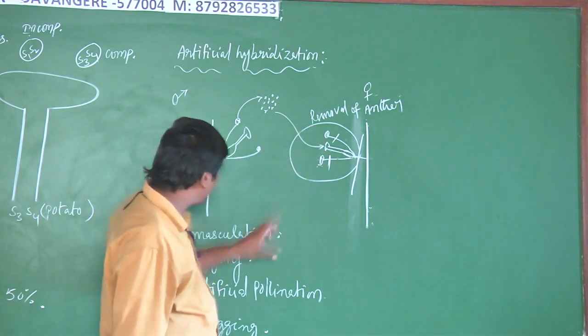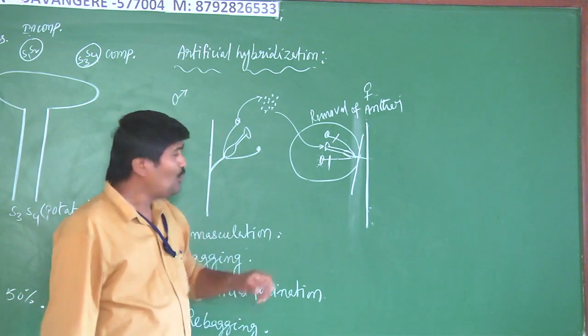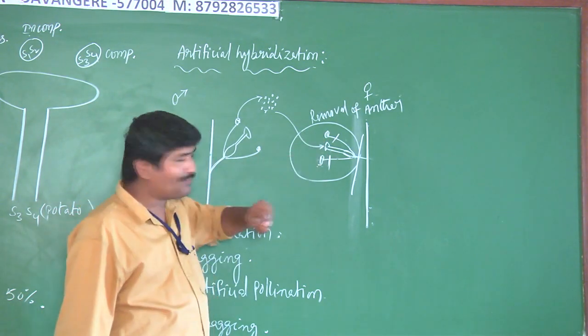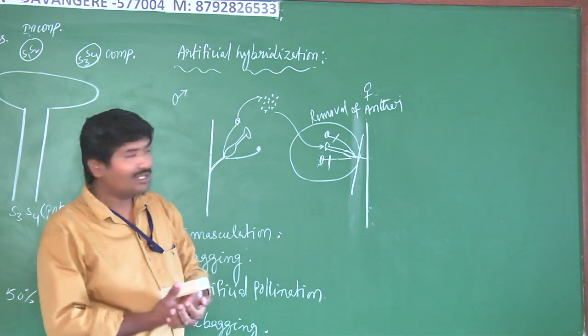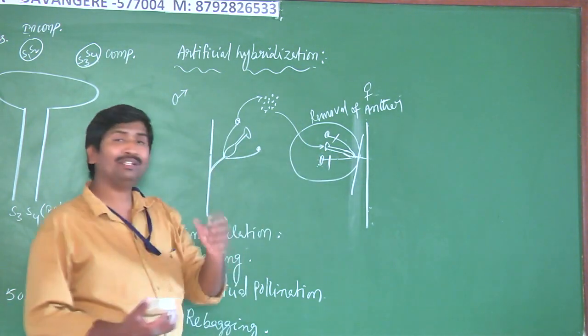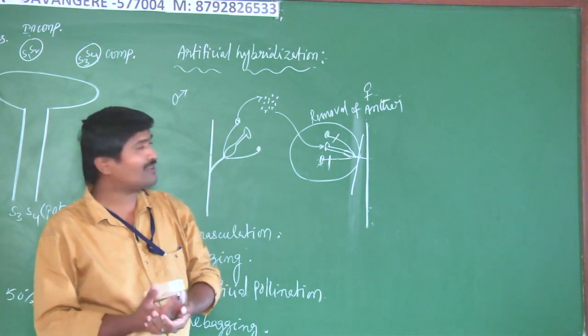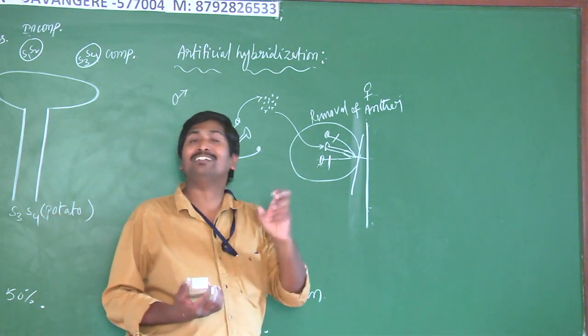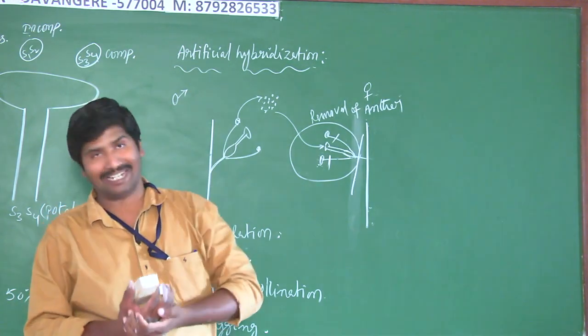What is the significance of bagging? When the anthers are removed from the bisexual flower, it is immediately enclosed by a polythene bag, because it prevents contamination by unwanted pollen grains.